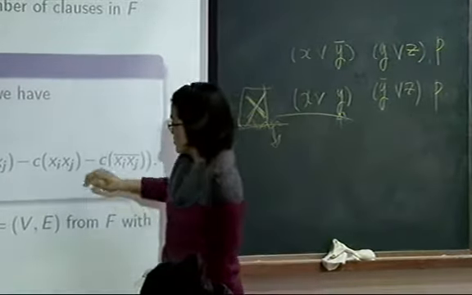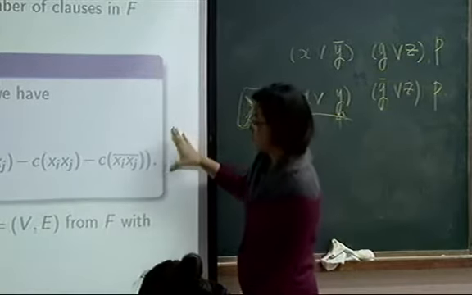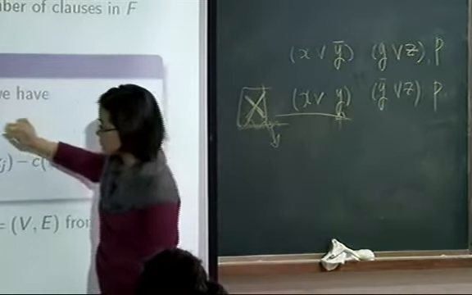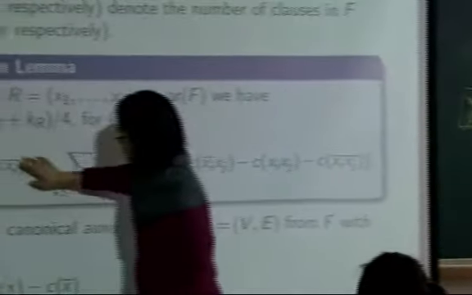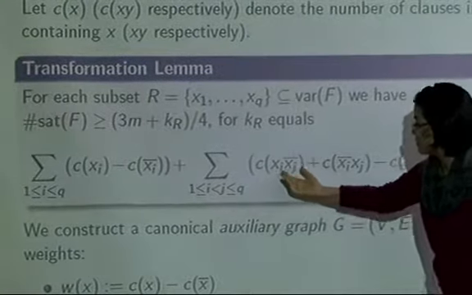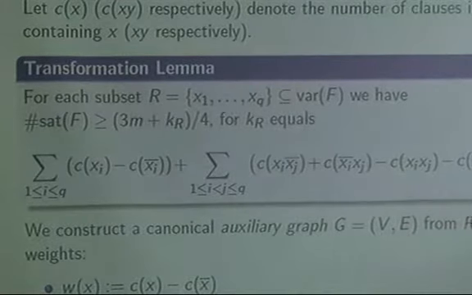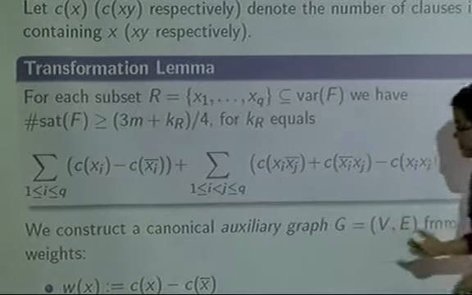But the main implication here is that this is basically focused on R and the relations between vertices of R. So that gives us a way to interpret this formula as a graph.